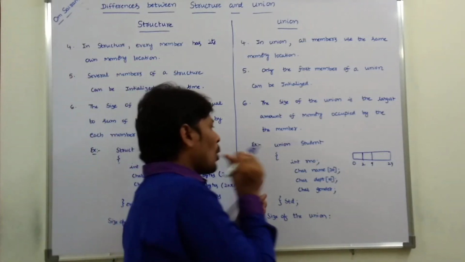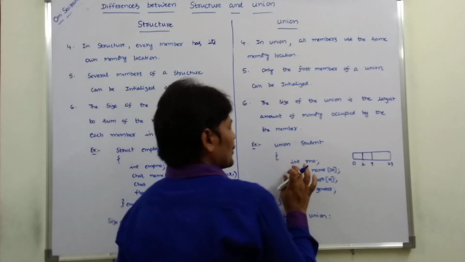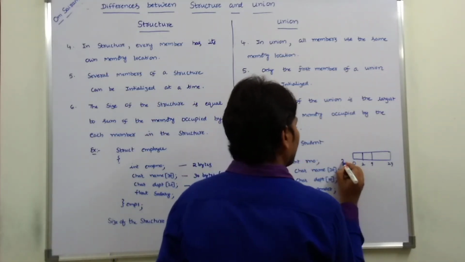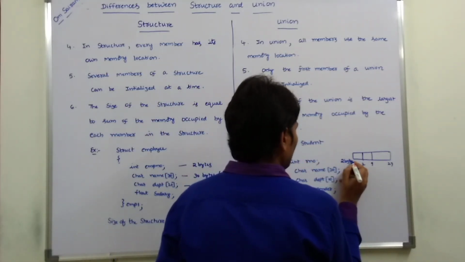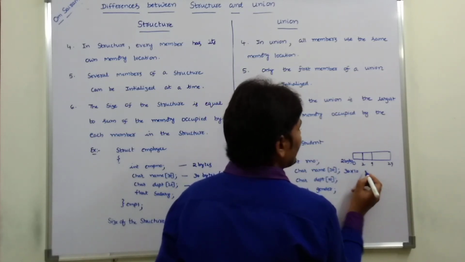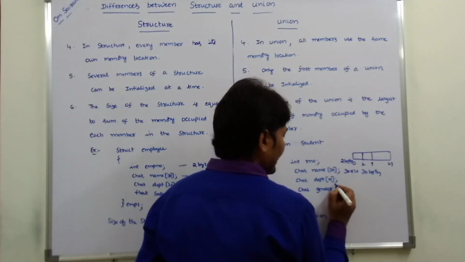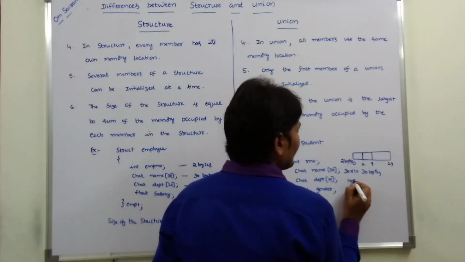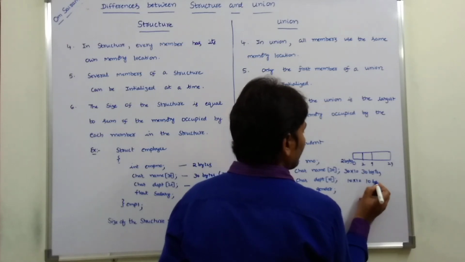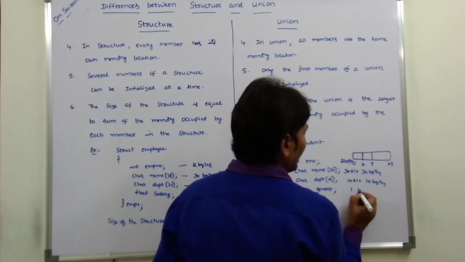Next, how about the size of the union? How much memory is allocated? 2 bytes. Then 30 into 1, that is 30 bytes. Then 10 into 1, that is 10 bytes. Then 1 byte.